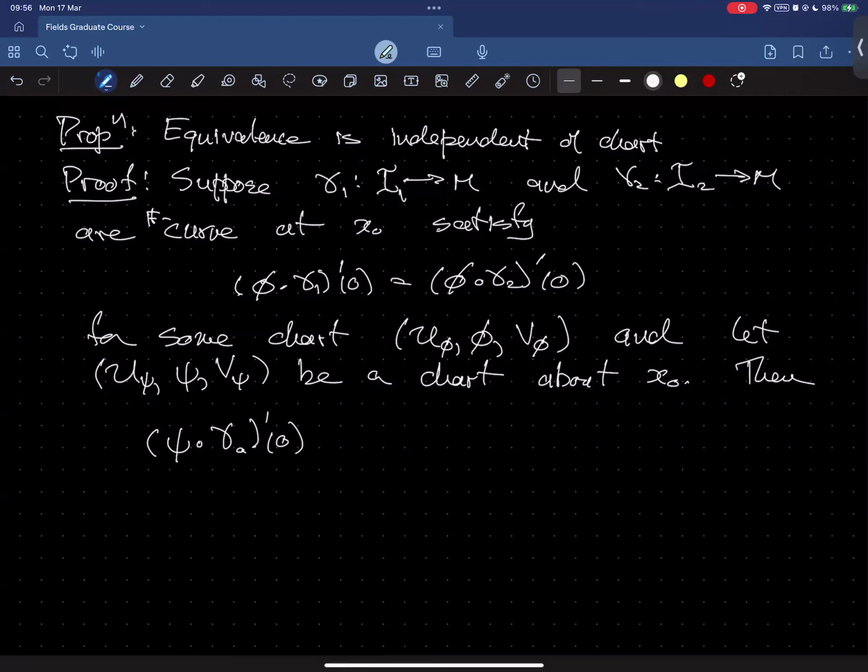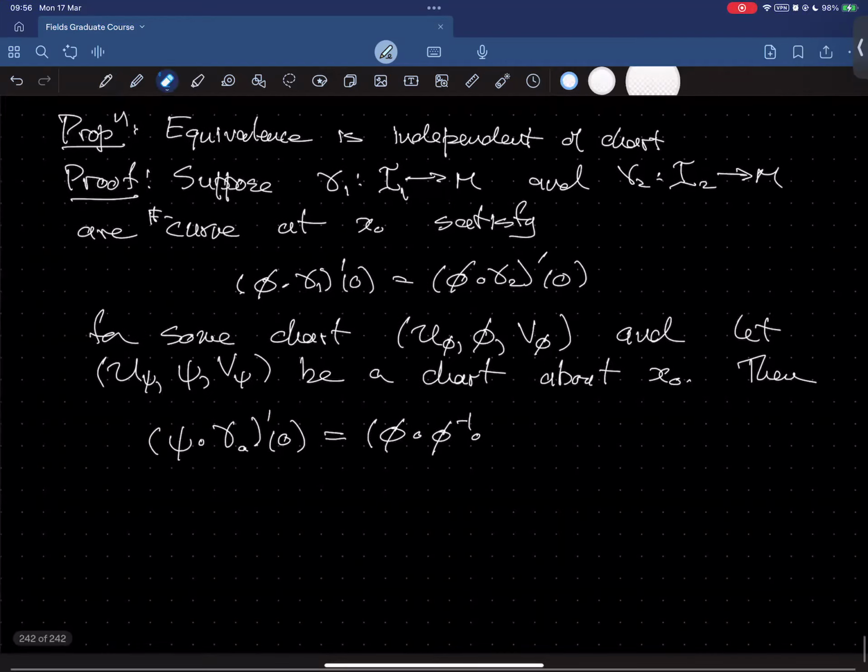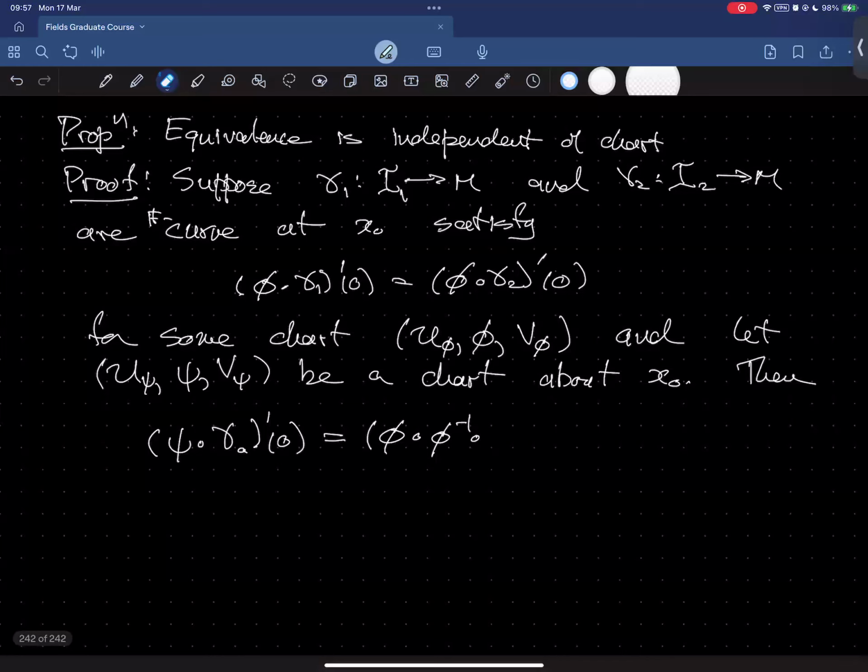And so what's this? Well, let me rewrite this as phi composed with phi inverse composed with, oh, sorry. Let me get the order right here.